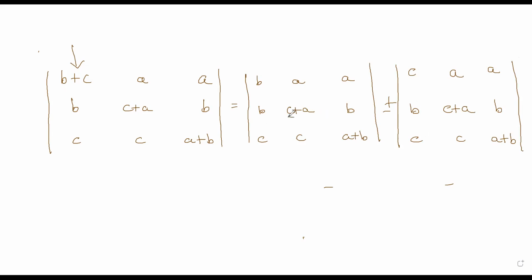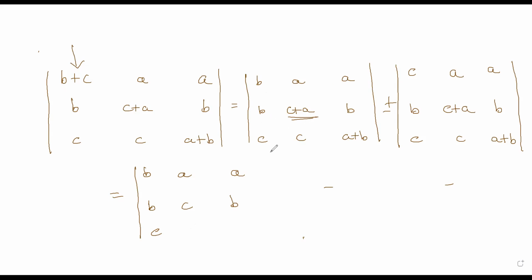And now I want to split C plus A. So how do I write that? And again, B, A, B, C, B, C, C minus A plus B. So this part, this one I am splitting now.